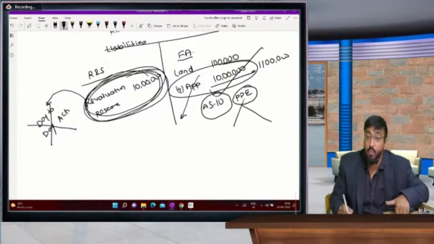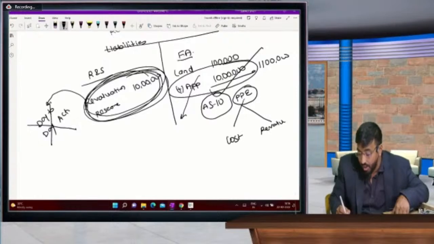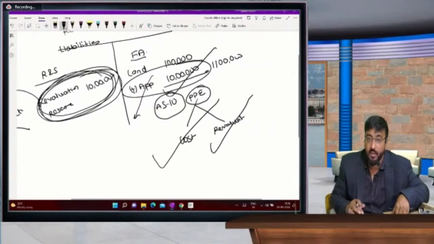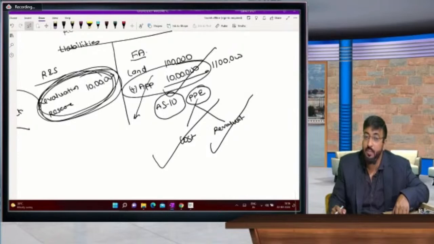There are two models: the cost model and the revaluation model. Some accountants follow the cost model, and some follow the revaluation model. It's better if we revalue it and record it in the revaluation reserve, and this is not available for dividend.